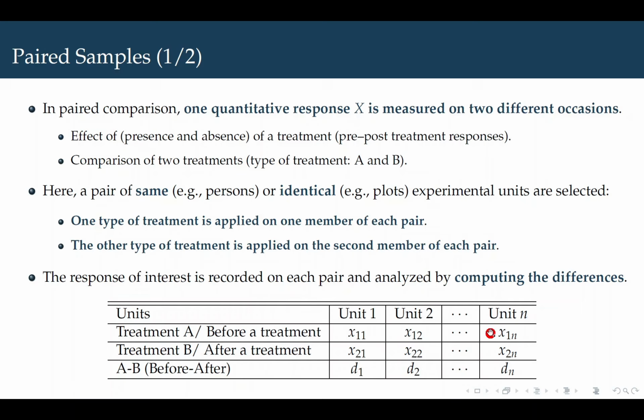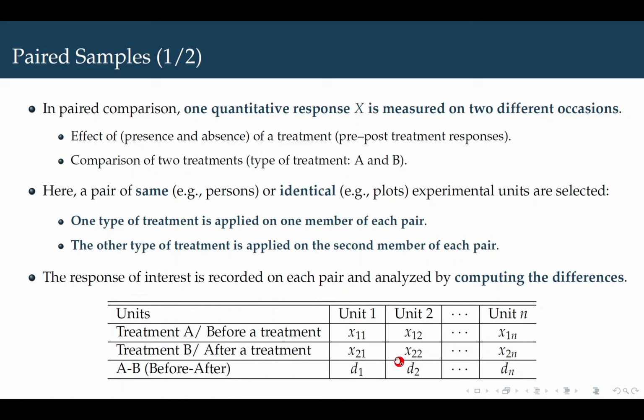Similarly, the difference x1n minus x2n can be Dn. Therefore, our analysis relies on these differences instead of the actual observed values of each pair of information extracted from each individual. And here the objective is whether the population mean of these differences is actually 0 or not.